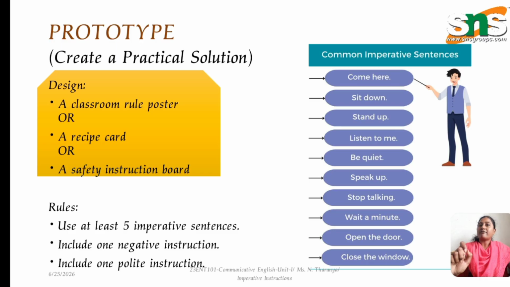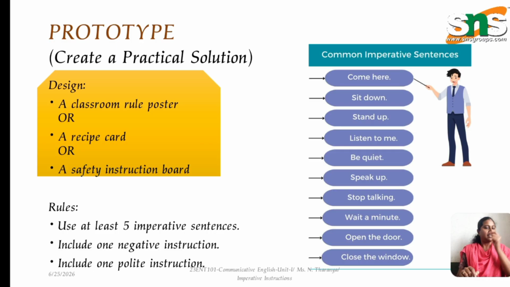Learning grammar becomes easier when we apply it practically. Students can create a classroom rule poster, a recipe card, or a safety instruction board. For example, a classroom rule poster may include: enter quietly, bring your notebook, listen carefully, don't use mobile phones, please keep the classroom clean.